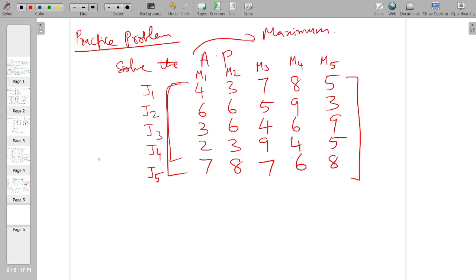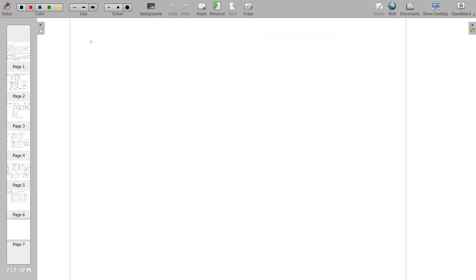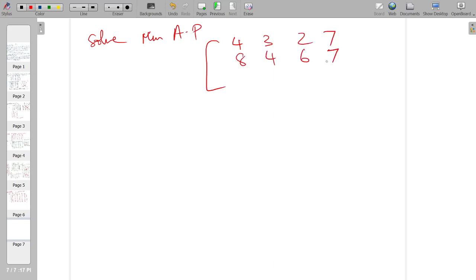Okay, suppose you are given like this, let me solve this. Solve the minimum assignment problem. I'll just take a smaller one: 4 3 2 7 8 4 6 7 3 2 9 5 7 6 8 4.